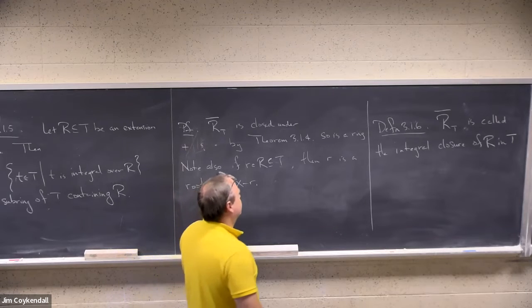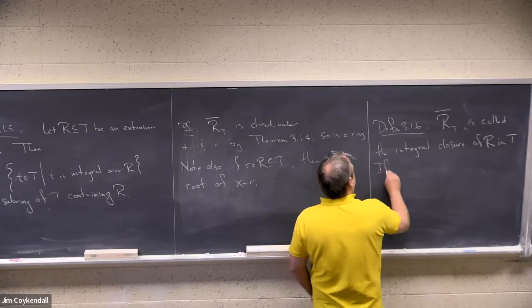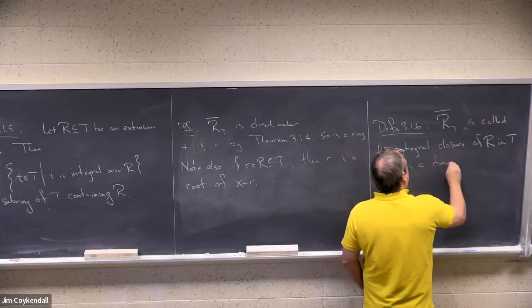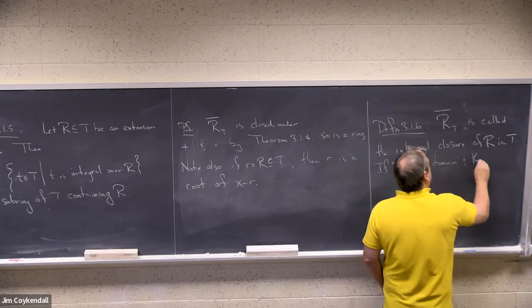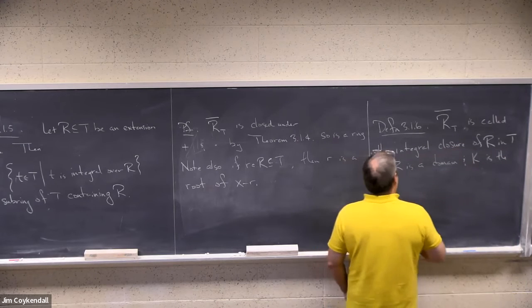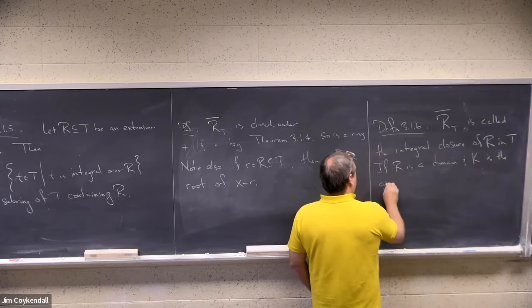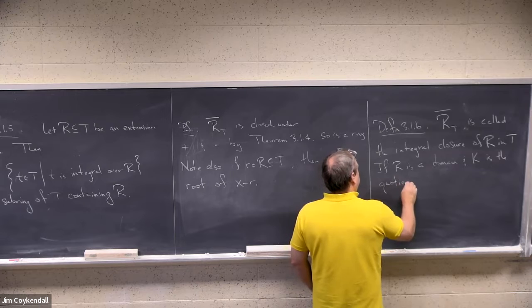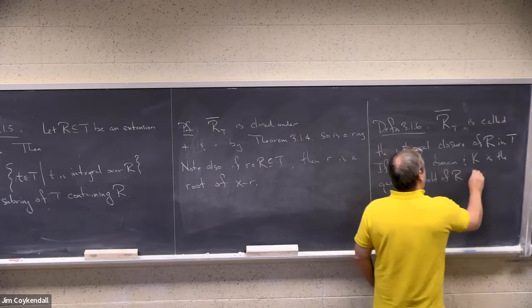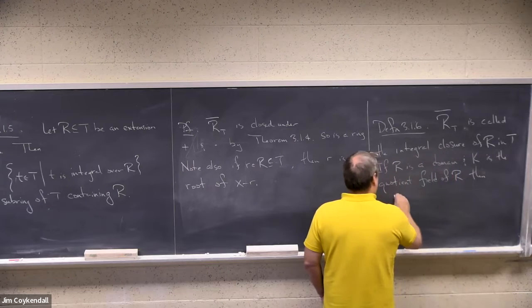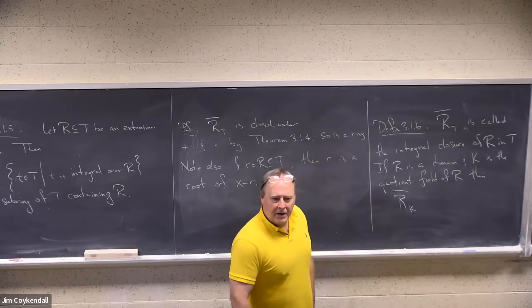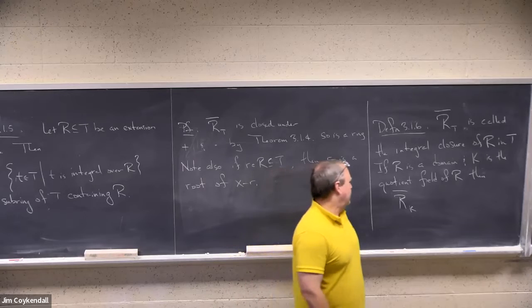If R is a domain and K is the quotient field of R, then this is the integral closure of R in its own quotient field.